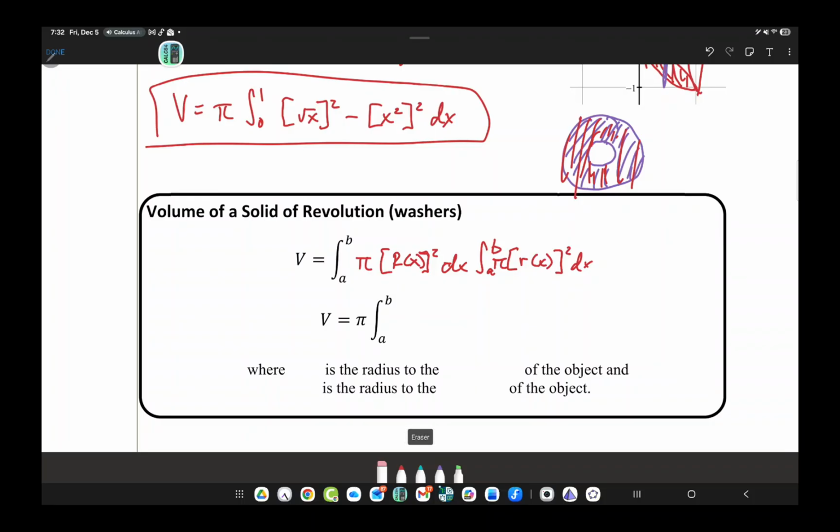These are all going to be circles, so you've got to have pi. This becomes what we just did when we combined these: the outer radius squared minus the inner radius squared dx in one integral, where capital R of x, like we said, is the outside, and lowercase r of x is the inside.